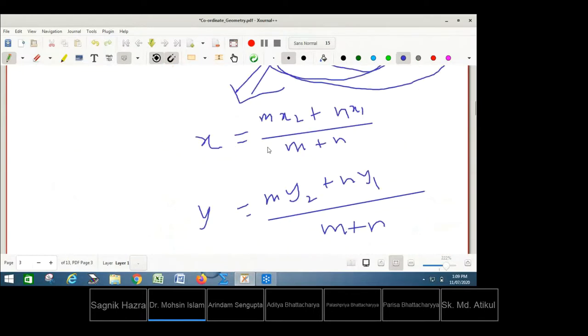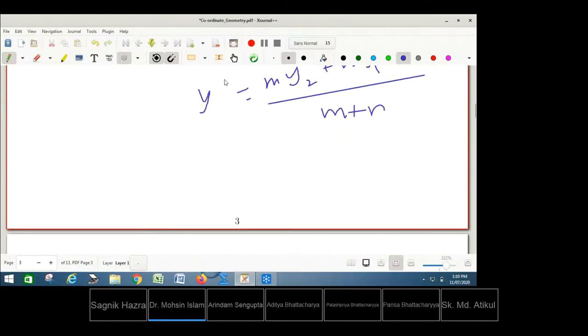For your knowledge, I will just tell you the formula for the external division. For externally it will look like m x2 minus n x1 by m minus n.